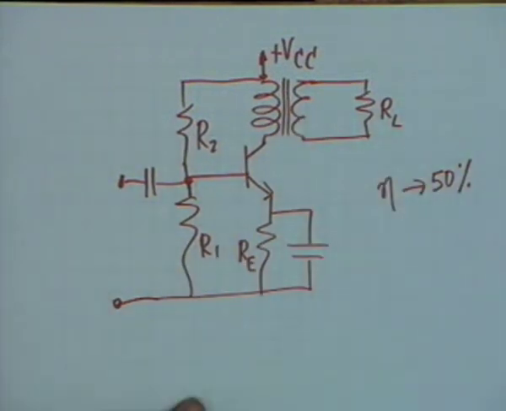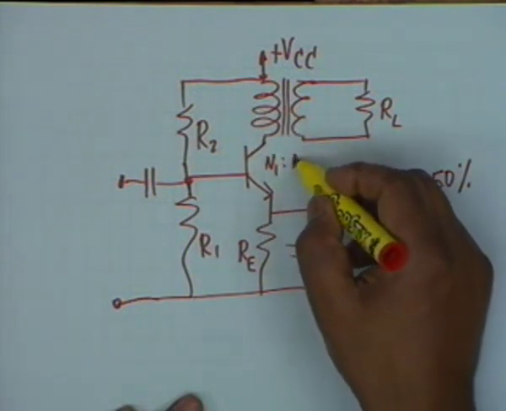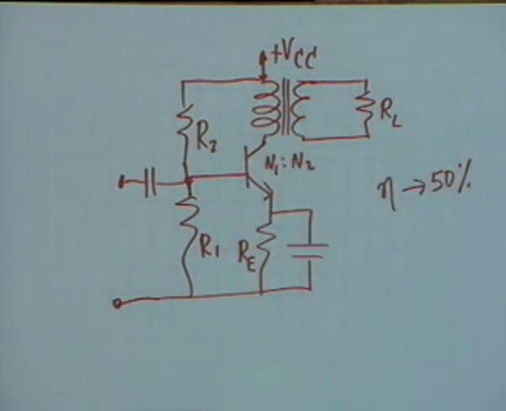That happens because of the transformer. What is the third advantage? Matching. It affords a means of matching by varying the transformer ratio N1:N2. And what is its disadvantage, if any? It's costlier. Also, as you know, a transformer is bulky.